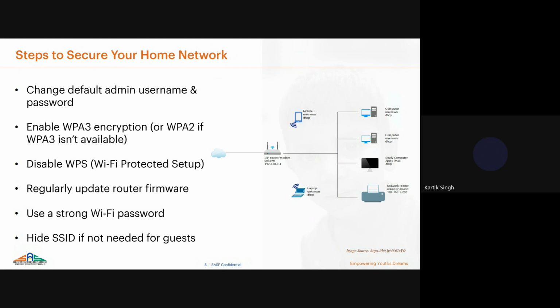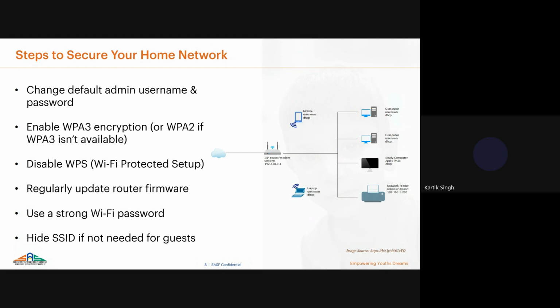First, we must change the default admin username and password that is provided to us by the provider or ISP. Secondly, we have to enable the encryption on our device. That might be WPA3 or WPA2. So we must enable encryption.